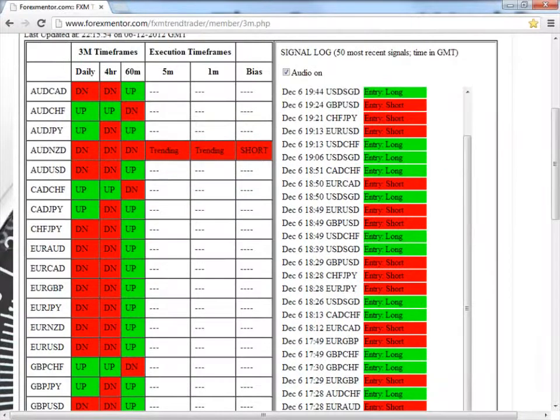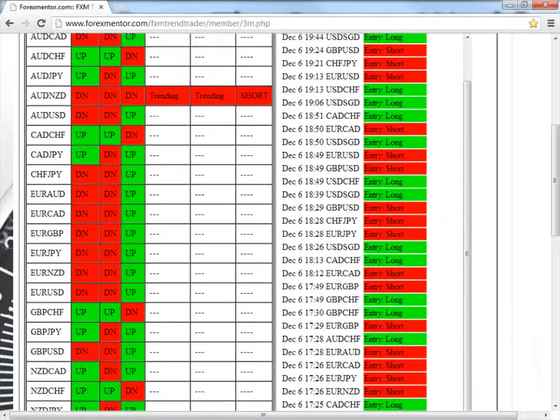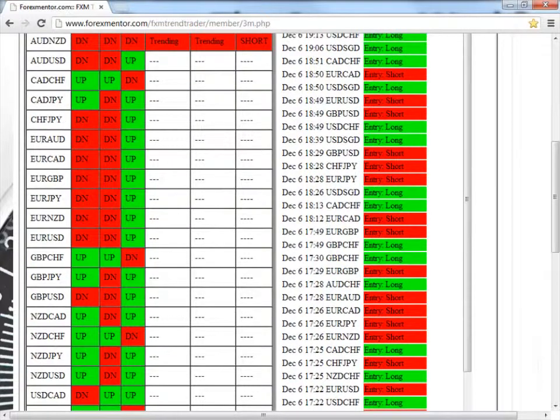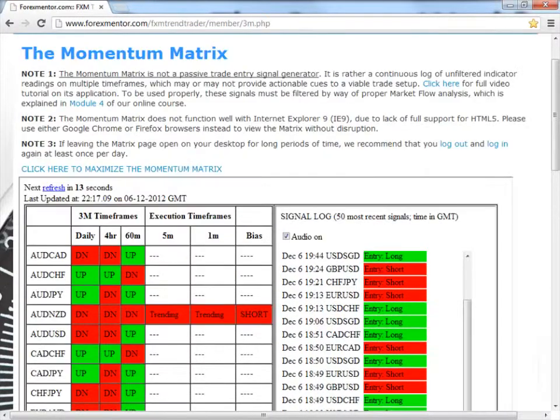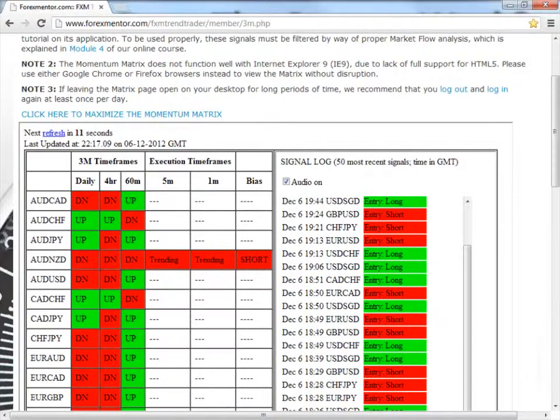We don't include any exotics, anything to do with the South African Rand, for example, or Turkish dinar, I suppose. I'm not even sure what their currency name is. But anyway, pretty much all of the majors and the most popular cross pairs derive from them.